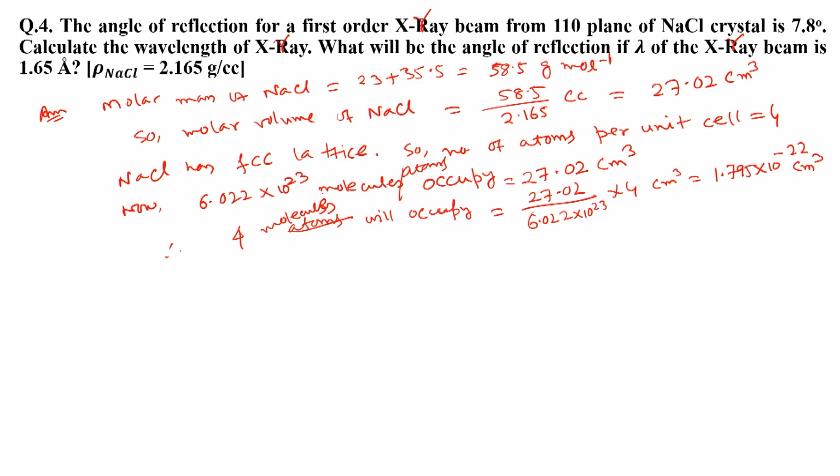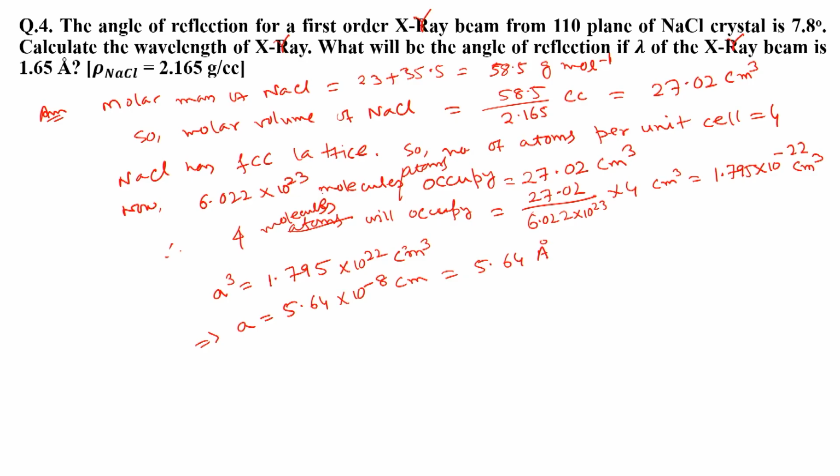Now a cube will be 1.795 times 10 to the minus 22 centimeter cube. So a will be 5.64 times 10 to the minus 8 centimeter or 5.64 angstrom, right?